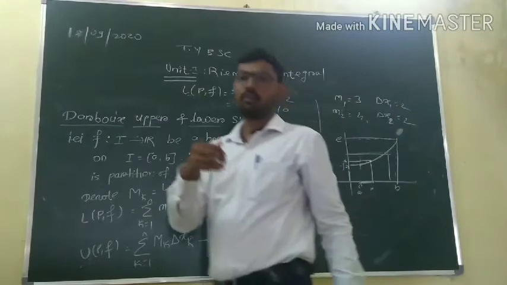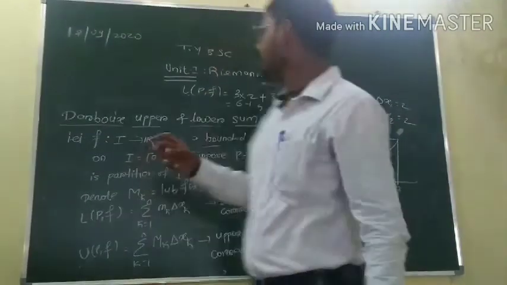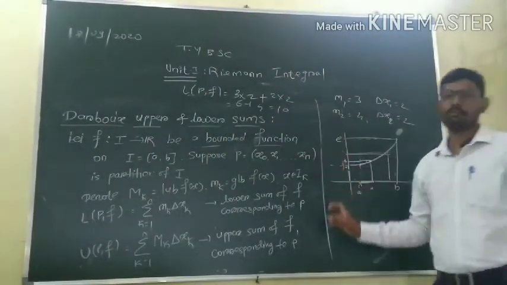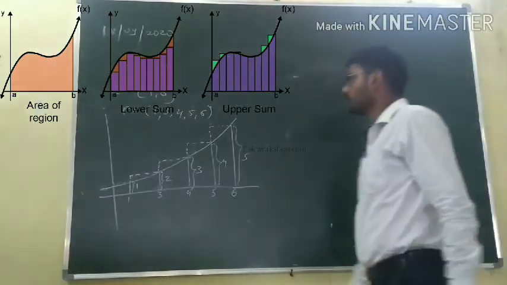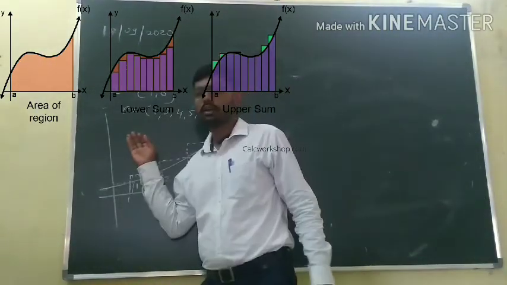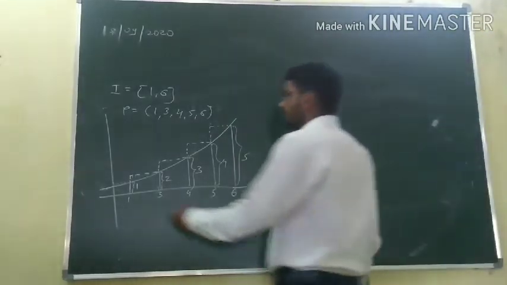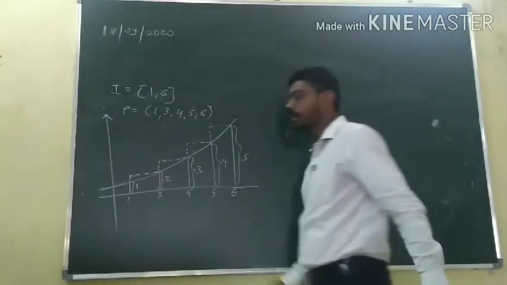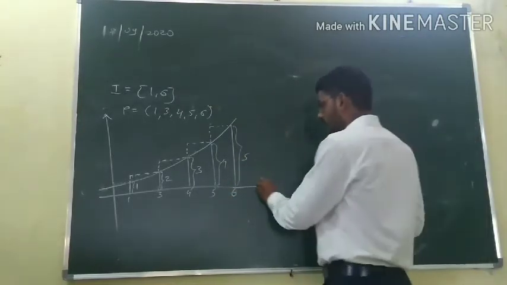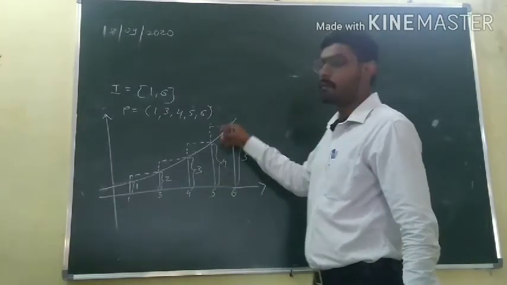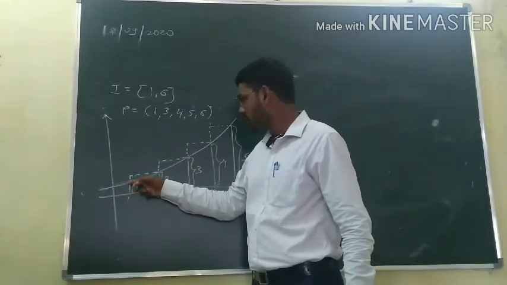So we will take one more example to clear the idea of lower sum and upper sum. Okay. So now we will see one more example of lower sum and upper sum. Now we are directly given the graph of the function. See the graph of the function. We see the graph of the function is increasing.